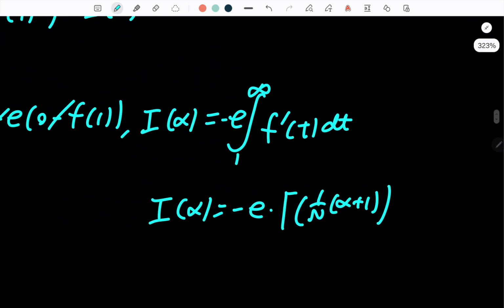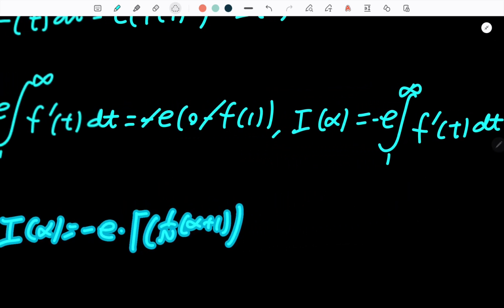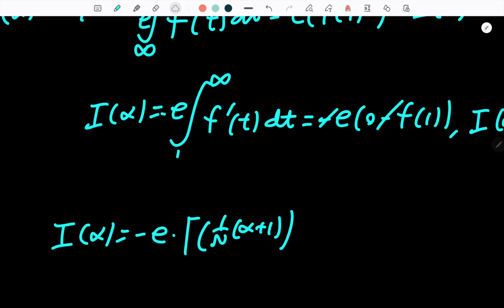I am, in fact, running out of room over here. Let me move this over. Okay.